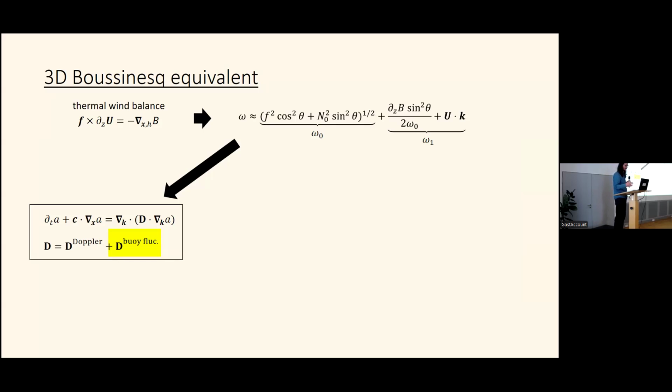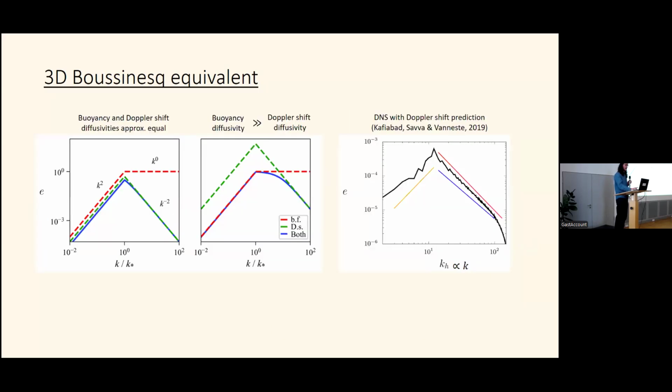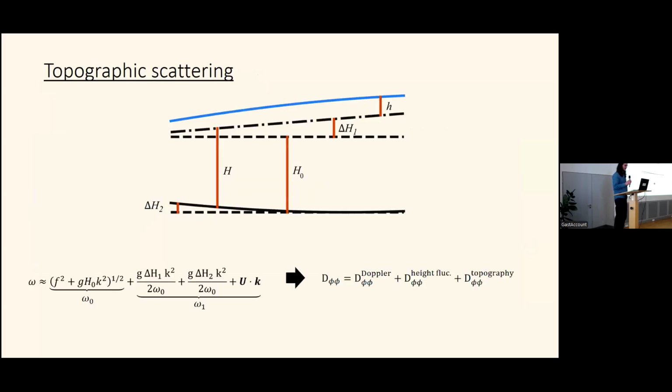We find that for the Boussinesq system, this is less of a significant effect. I'm happy to answer questions about that if you want. You can also describe topographic scattering through exactly the same thing, but instead of the delta H1 being due to geometry, you have a delta H2, which is due to some topography.